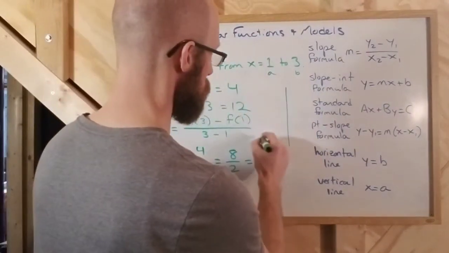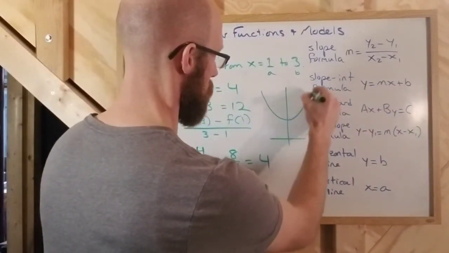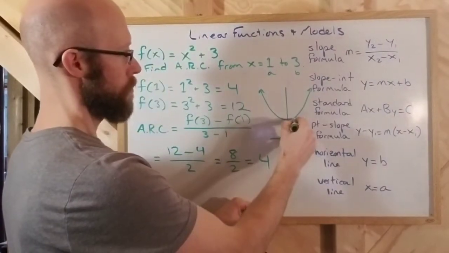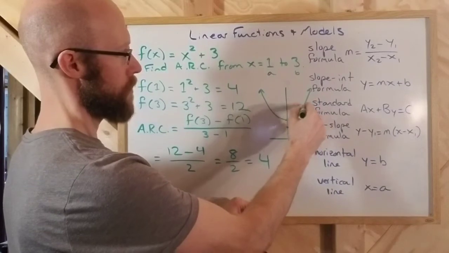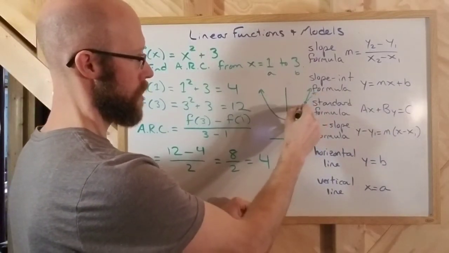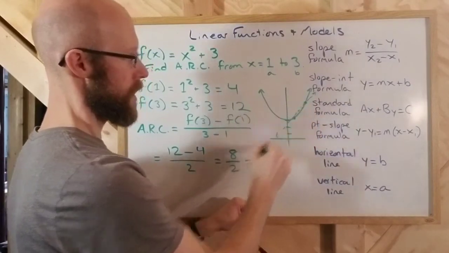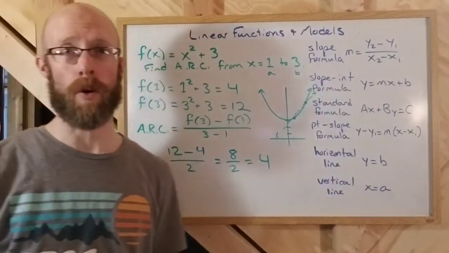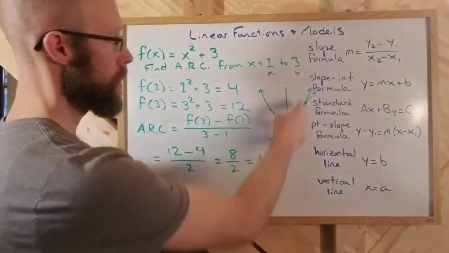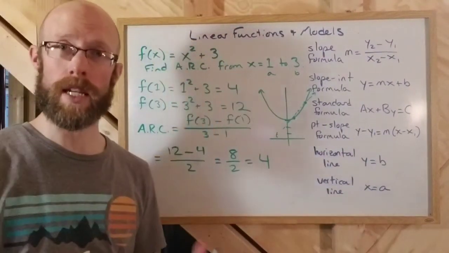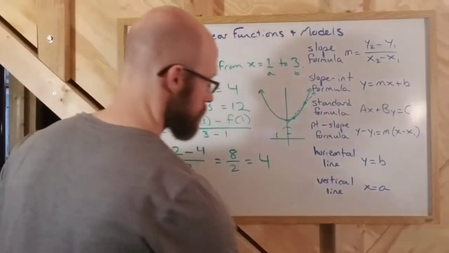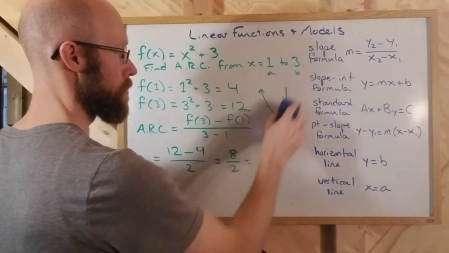If you imagine this graph shifted up 3 units, then from an x value of 1 to 3, the slope of the line connecting those 2 points would be 4. That's what we're looking for. But if the original function were linear, then the average rate of change and the slope are the same. Here's a quick example of how that would work out.